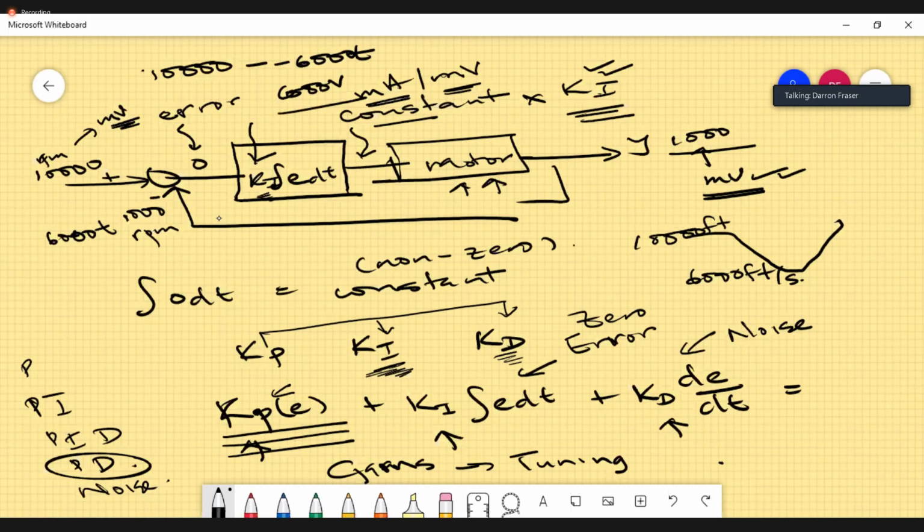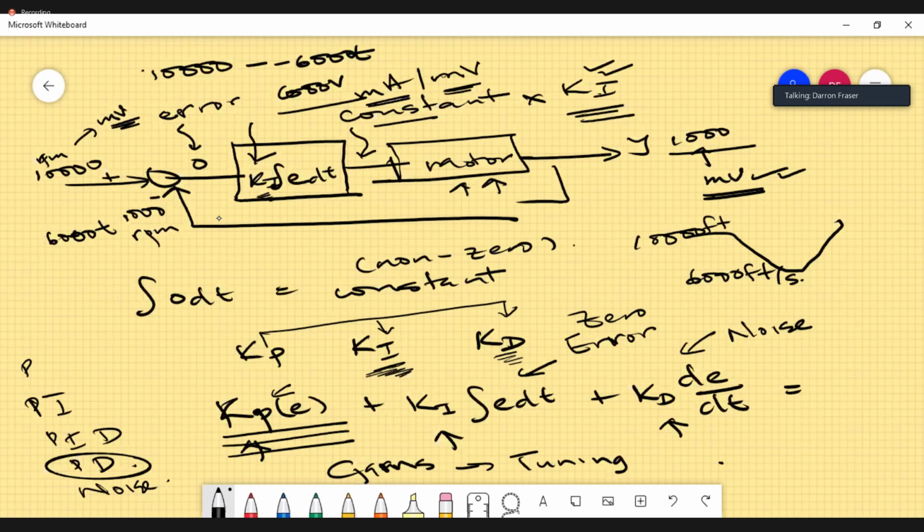Now, let us say 6,000 volts. Obviously, we're going to have a problem. Even let us say that whatever the electronic system was, could I use 6,000 volts? Where do I get the 6,000 from? So you're going to have to multiply that by a factor that can work with the motor.